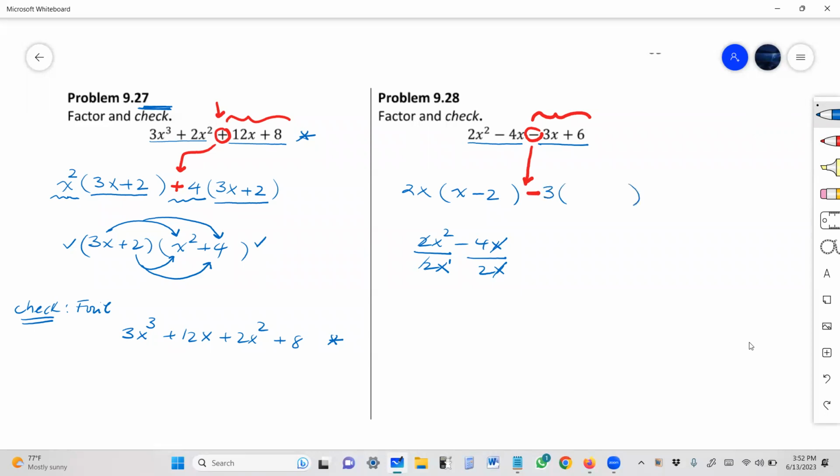Open and close, as before: minus 3x plus 6, each divided by negative 3, which is the GCF for the second group. So the minus 3's cancel. I'm left with x, and positive 6 divided by negative 3 is minus 2. I'm going to erase this. I don't need it anymore.